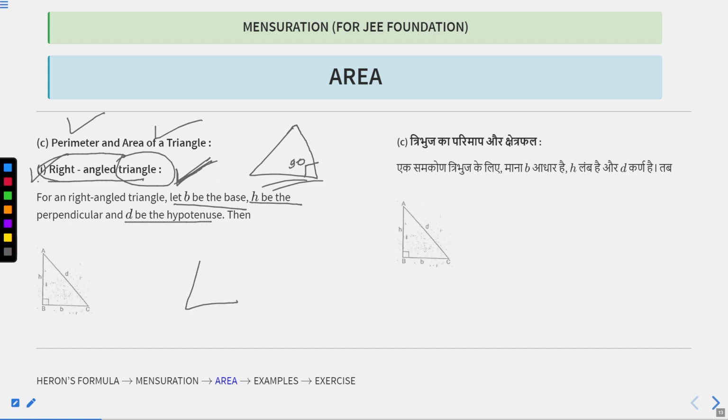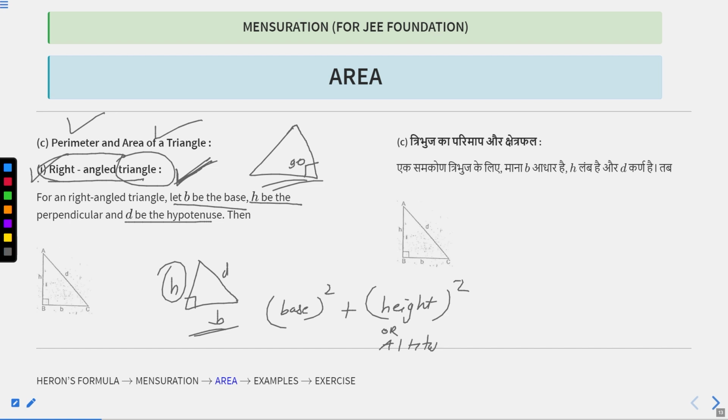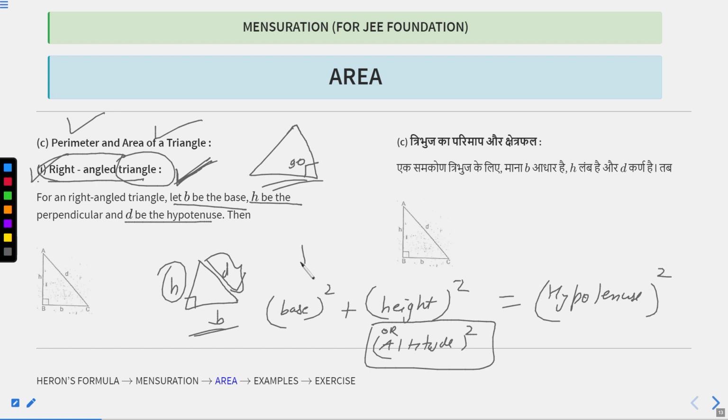So whenever you see a right angle triangle, it holds an interesting property: the base square plus the height square, some say the altitude also, is equal to this side square, so hypotenuse square. I hope this is clear. This is by our Pythagoras theorem.